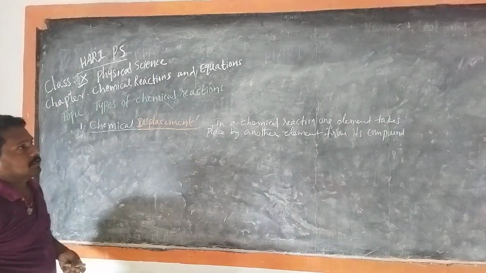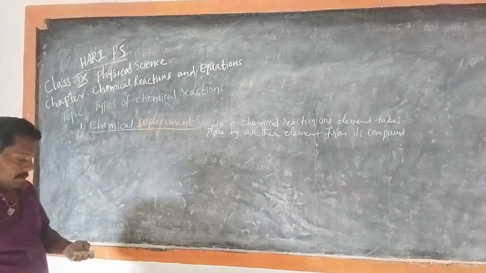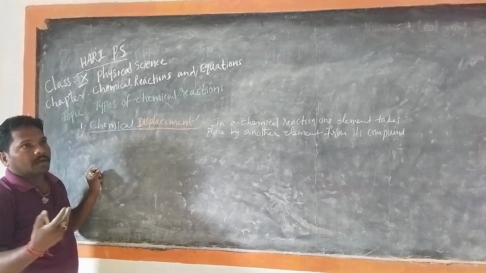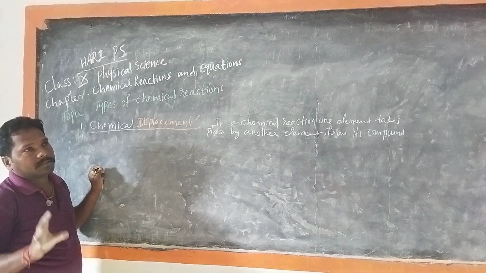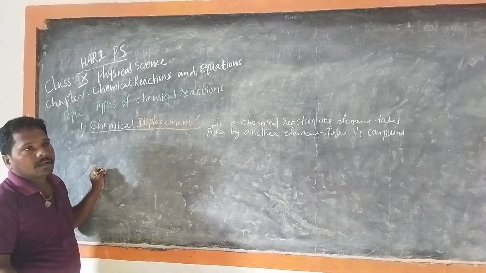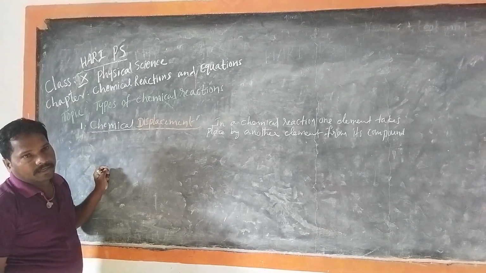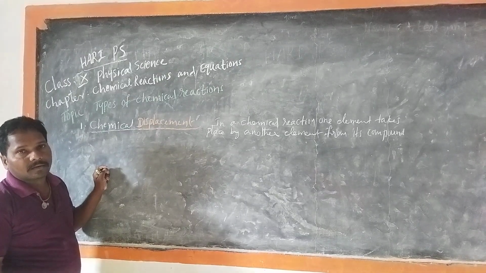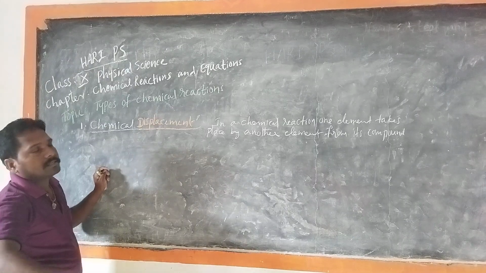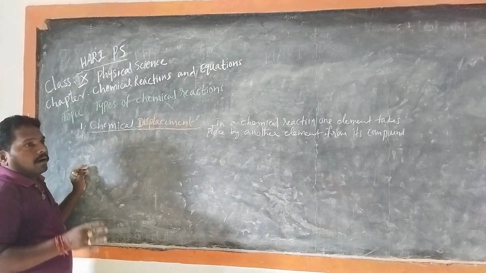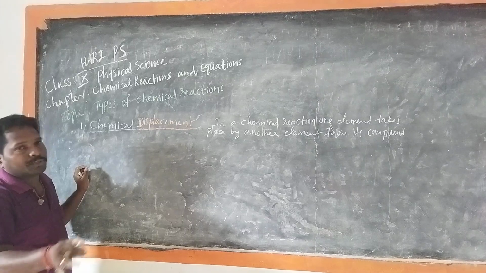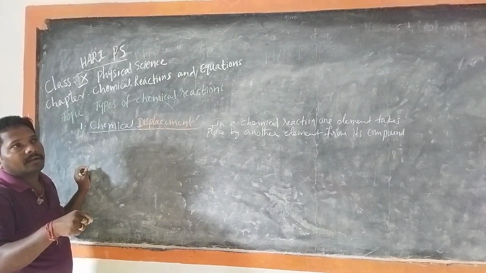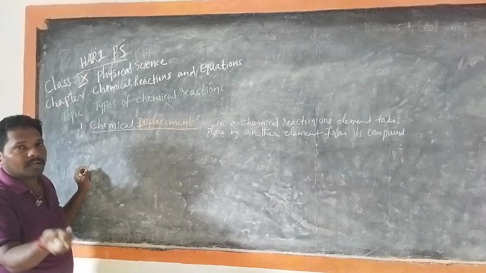For doing these displacement reactions, take some amount of water in a beaker, and dissolve copper sulfate crystals in it. It forms a copper sulfate aqueous solution. To this solution, we add a small piece of zinc or iron.